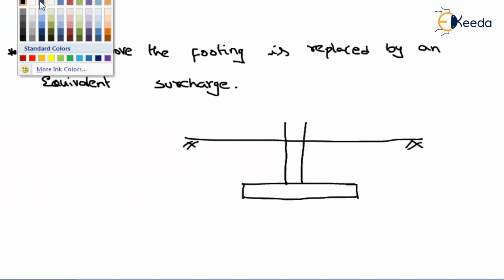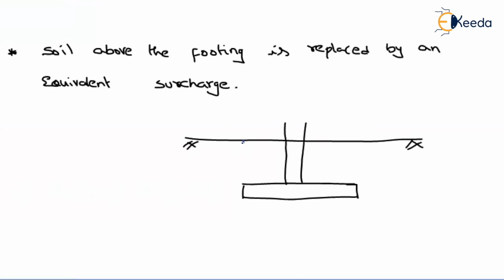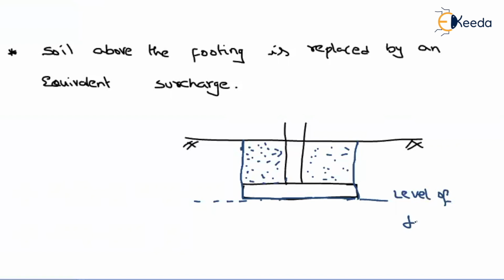For the construction of the foundation, first we will excavate this much of the soil, and then after the construction of the footing, you will backfill the soil again. So this is the level of the foundation.